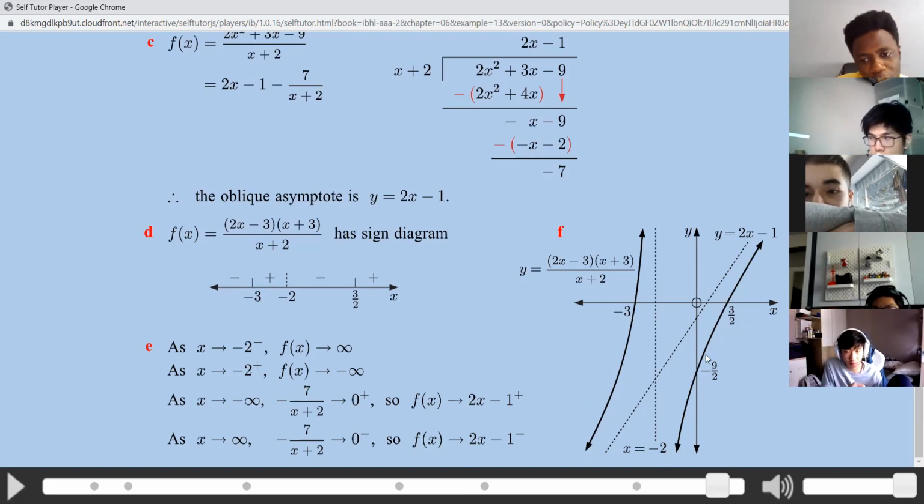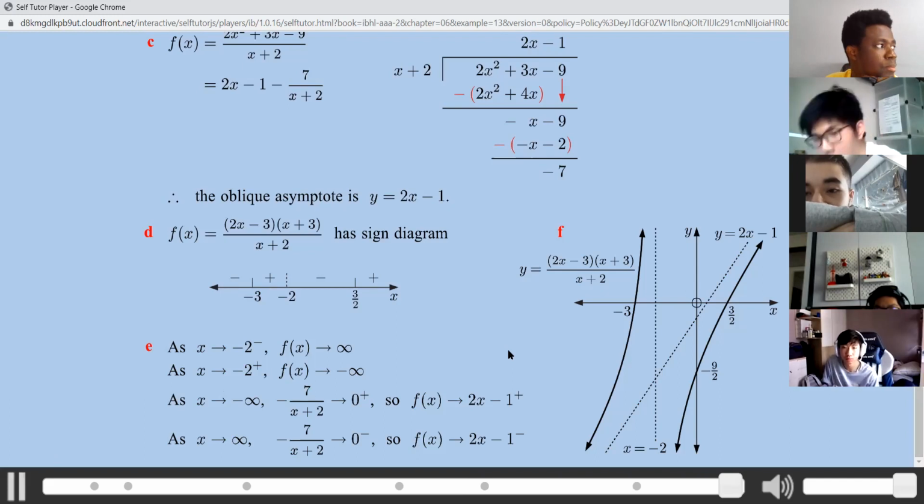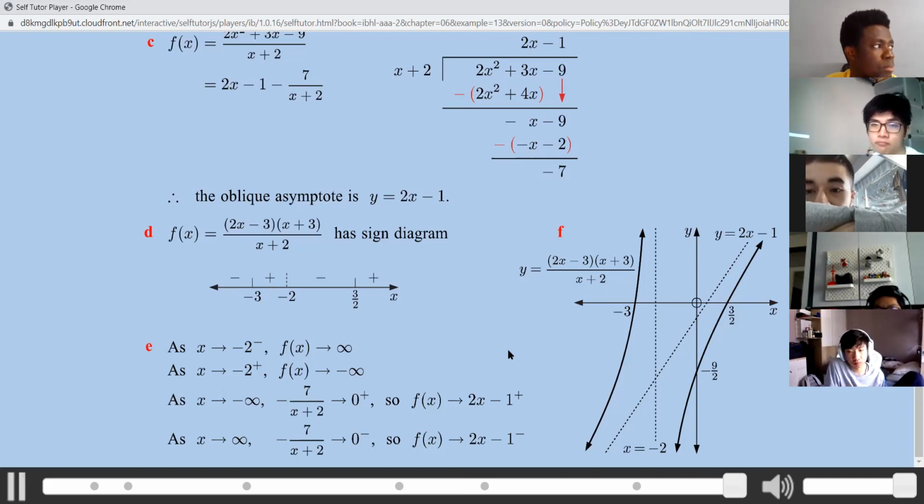So it's going to come from below, passing through this mark, and trying to touch the line. And that is how to sketch it. Understand? Using two smooth curves. Remember that a graph can never cross a vertical asymptote, so the graph must have two separate branches.